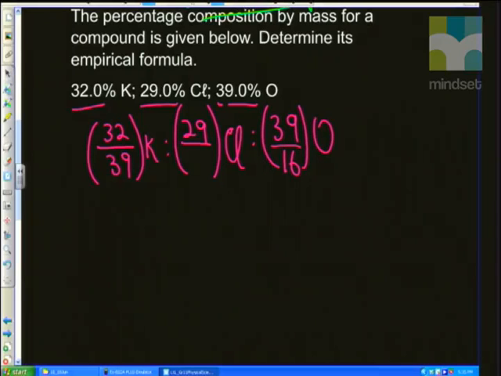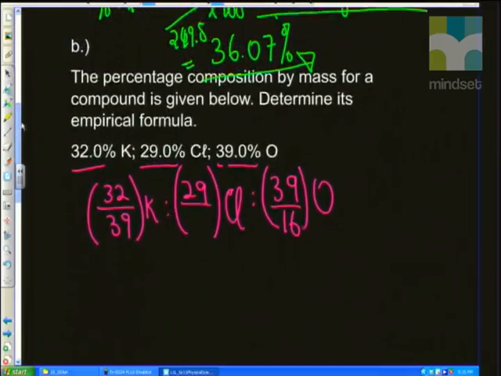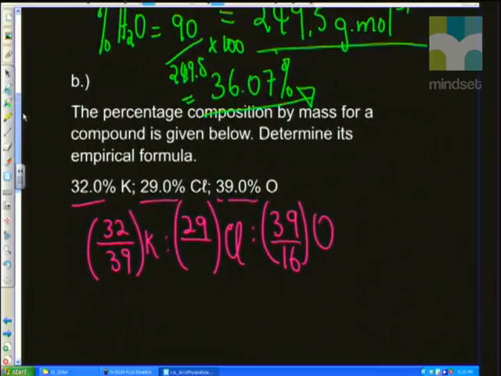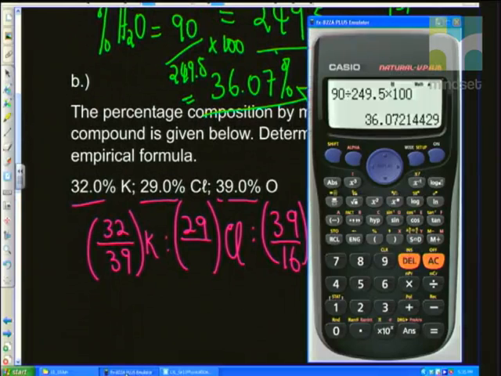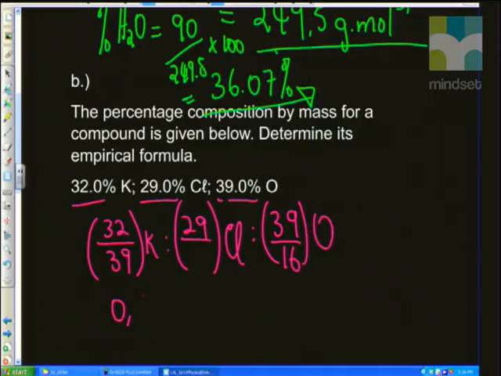You work out all these values making use of your calculator. 32/39 gives us 0.82 for potassium.